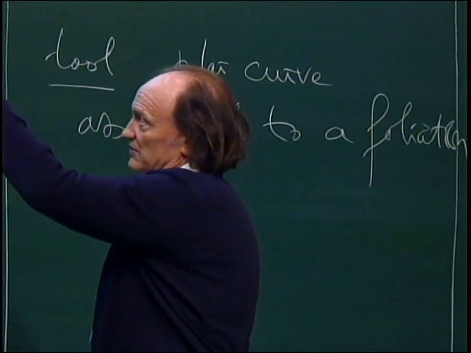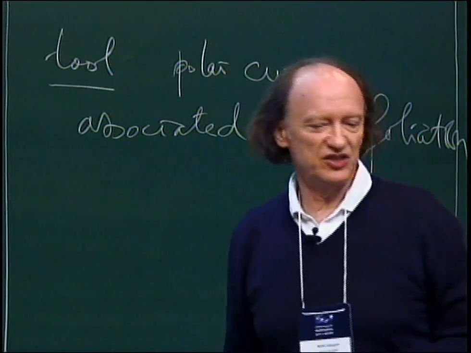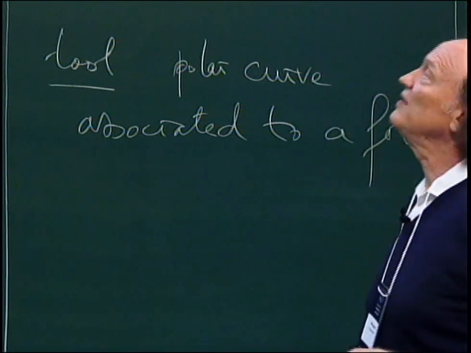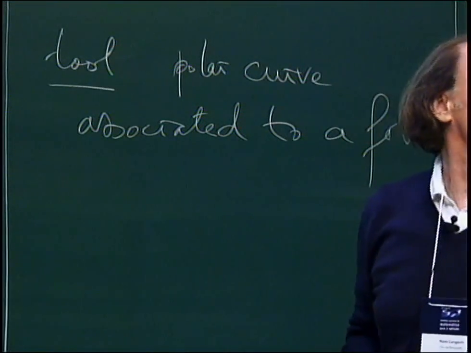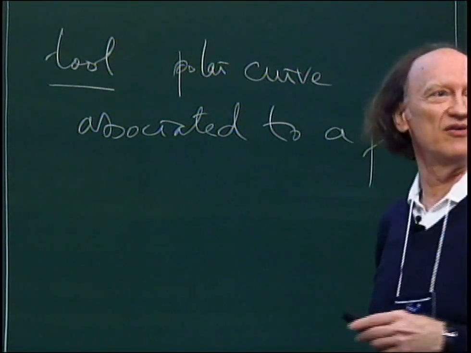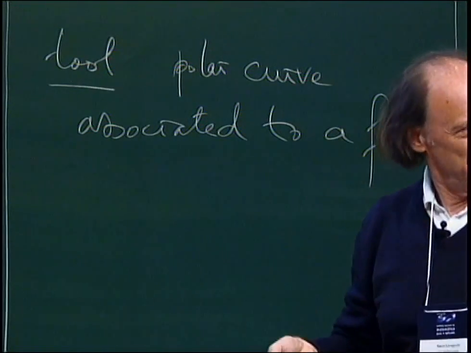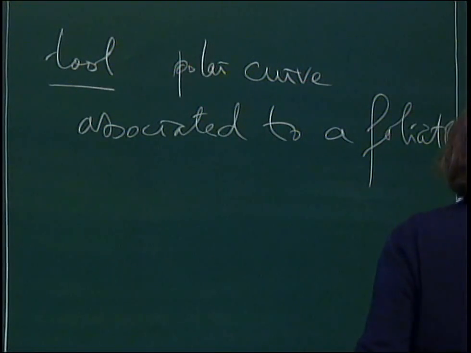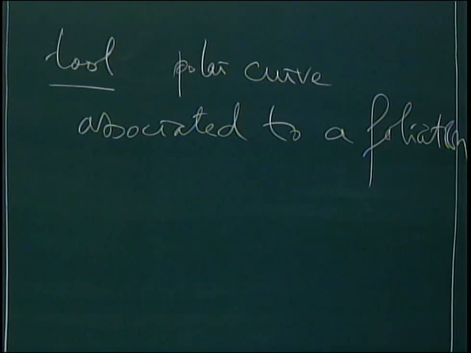So it may be a foliation of C2 by curves, complex curves, and of course I cheat and I draw only a foliation of R2 by real curves. And you see this foliation.